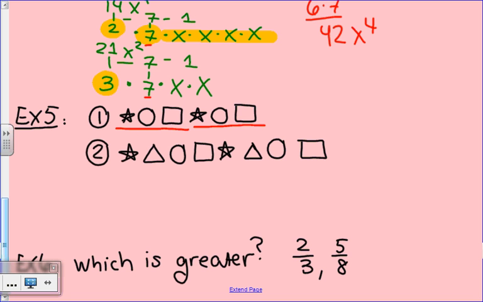Star, circle, square. So that's the pattern in the first one. And the next thing will be the star, circle, square. And the second one, star, triangle, circle, square. Star, triangle, circle, square. So if you notice, in the first one I am repeating every 3. In the second one, I am repeating every 4.